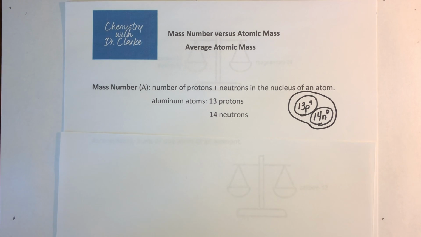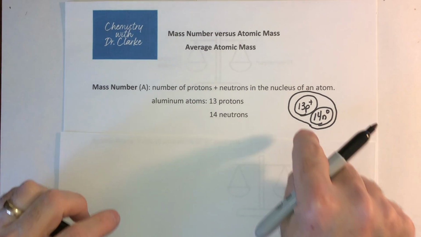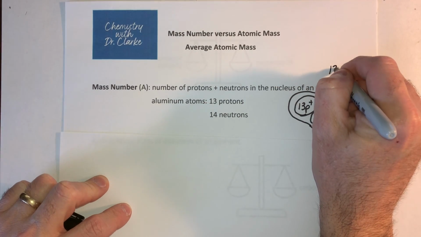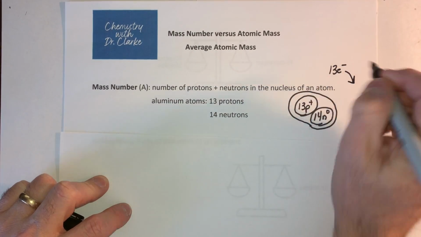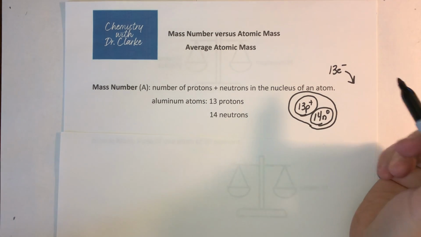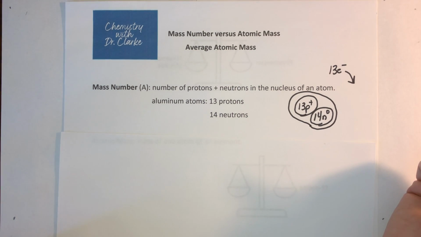Now we know that atoms are electrically neutral. They have a total charge of 0. So if you've got 13 positives in your nucleus, that means you have to have 13 electrons zipping around on the outside of your nucleus. And we do like to use the symbol e for electrons, and we do like to use the minus because electrons are negatively charged.